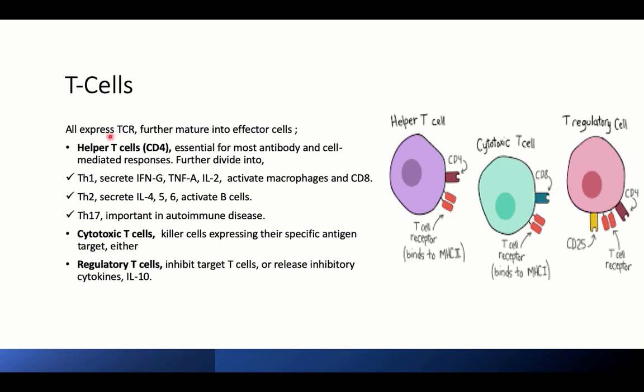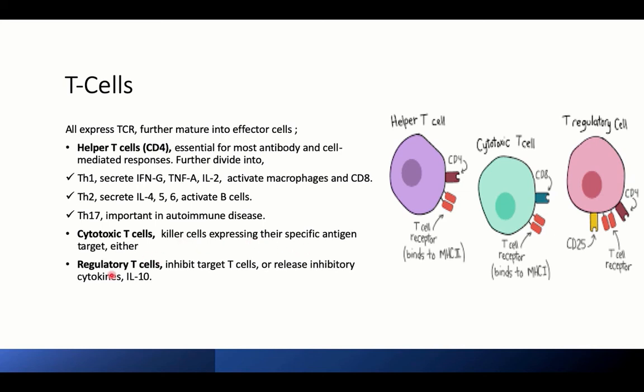So T helper cells, or CD4, activate CD8, activate macrophages, and activate B cells to produce antibodies, and have a role in autoimmune disease. Then the T helper cell activates the T cytotoxic cell, or CD8. This has a very important function in killing cells expressing their specific antigen target.